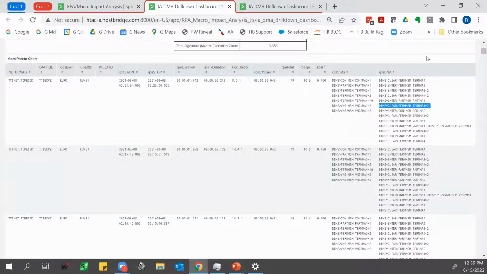And the answer was, well, we're really not mainframe application people, but we were told that if we're ever in doubt about where we are within the state of this application, all we need to do is send in a clear key and we'll get back to a home screen, and from there we can run a transaction.